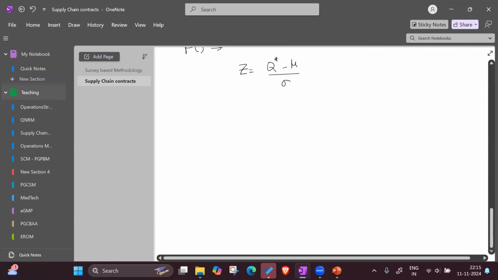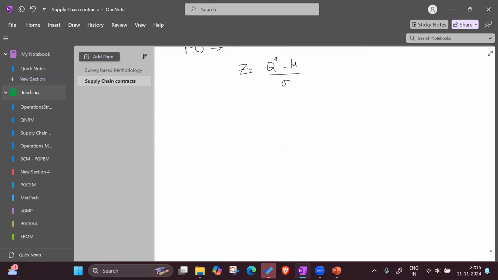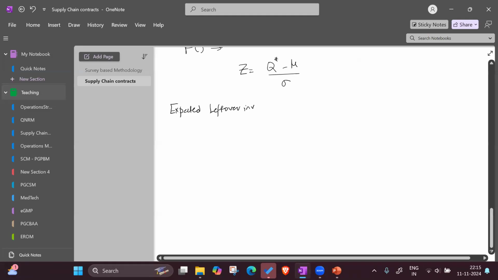Now let's go to expected leftover inventory. It is exactly the opposite of the concept of expected loss sale. Expected leftover inventory will only happen when your demand is less than your quantity ordered.